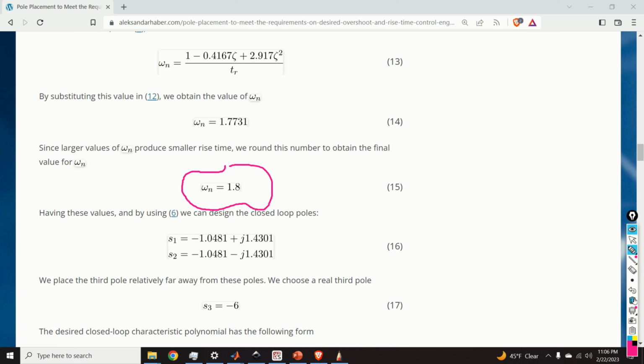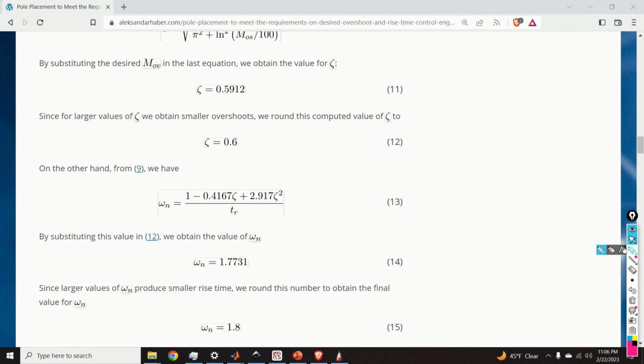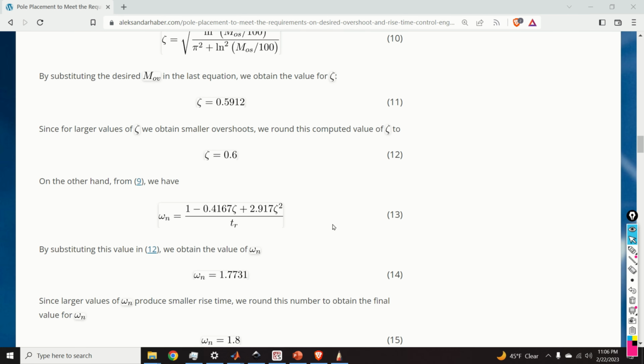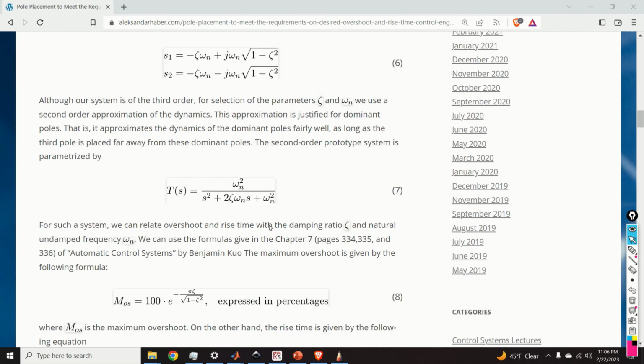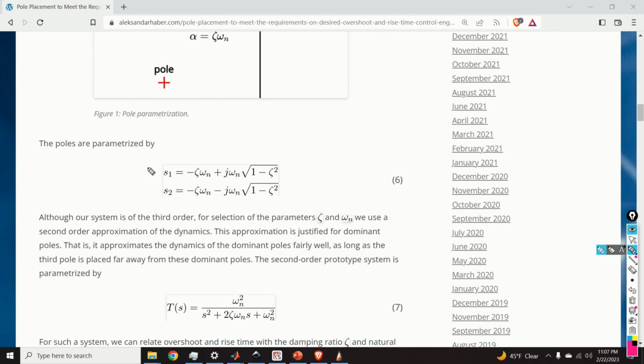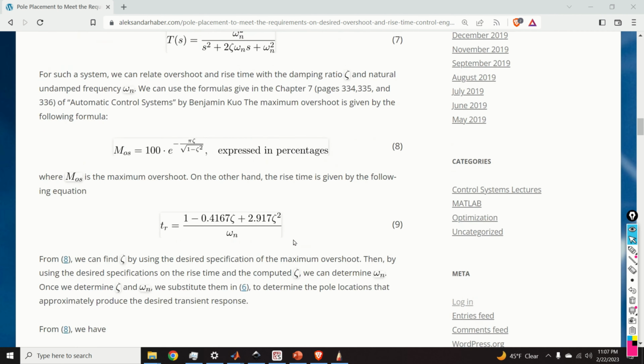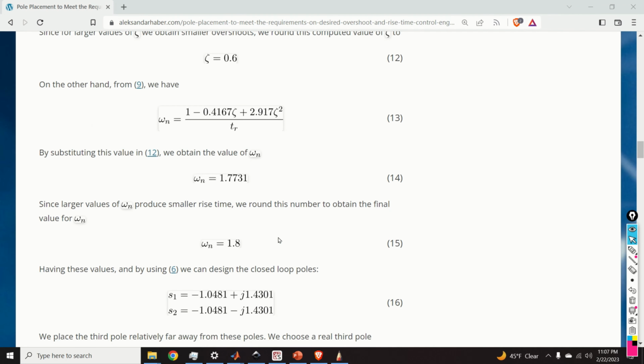Now, by substituting these values of omega n and the value of zeta given over here in our general parameterization of the system given by these equations, we can obtain the closed loop poles that approximately guarantee the transient response.